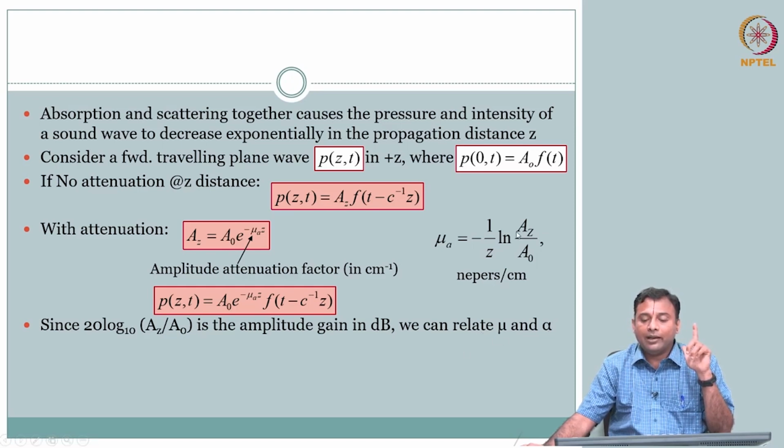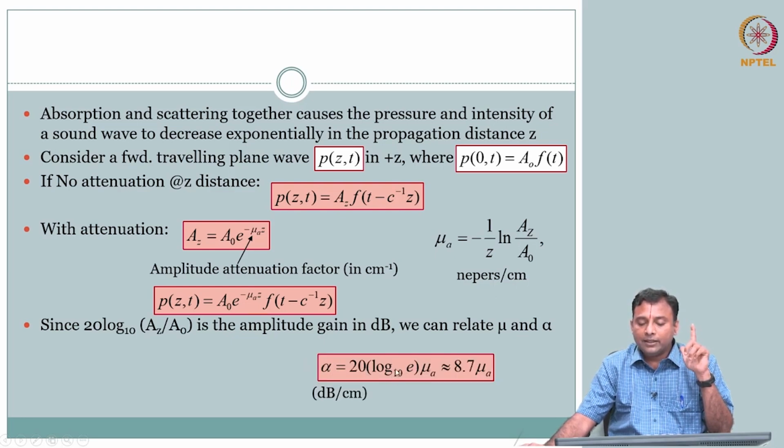Now I can relate these two, since this is in natural logarithm: alpha is 20 log 10 base e of mu A, which is approximately 8.7 mu A. So your alpha, the attenuation coefficient in dB per centimeter, is nothing but 8.7 mu A.